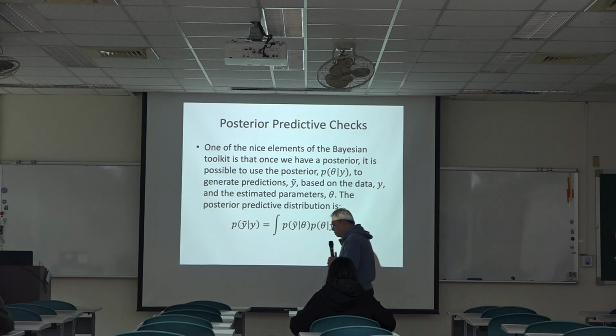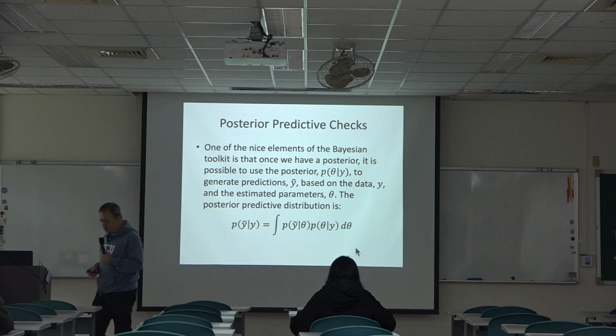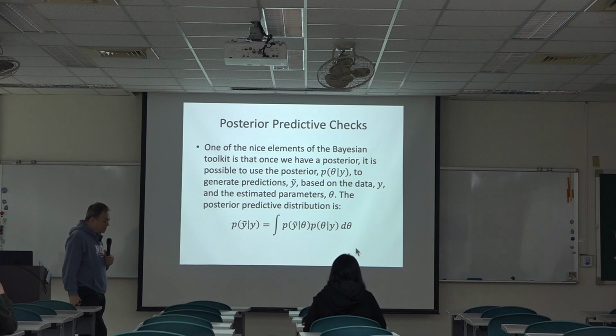But how do we know the result is consistent? When I say the result is consistent, I'm talking about whether the model that you use is correct, or the way you analyzed is correct.